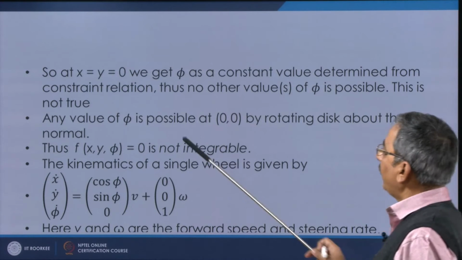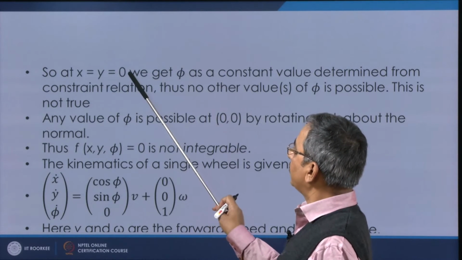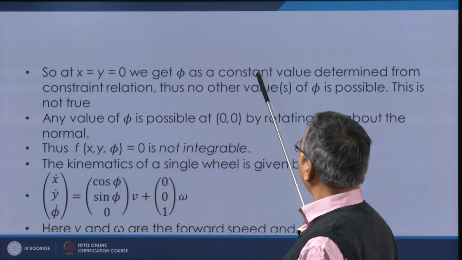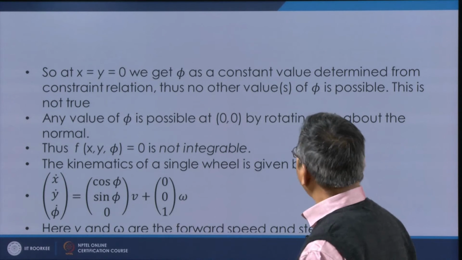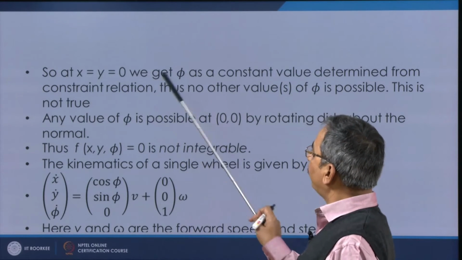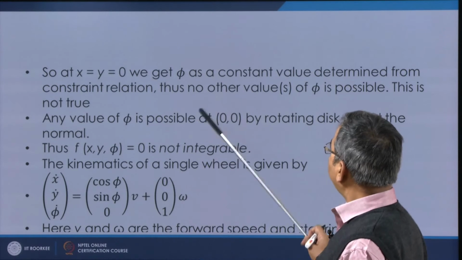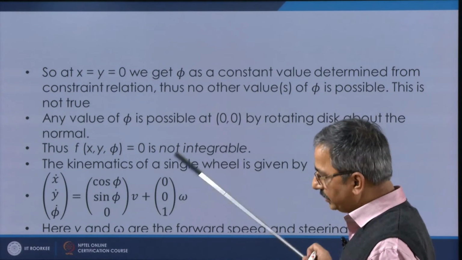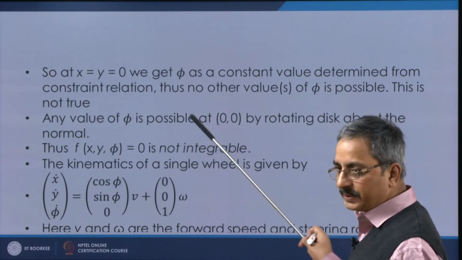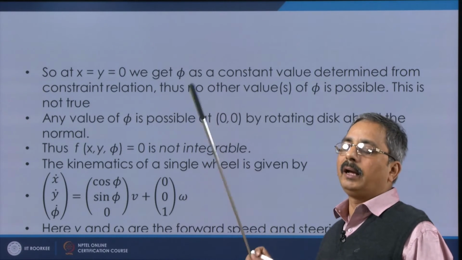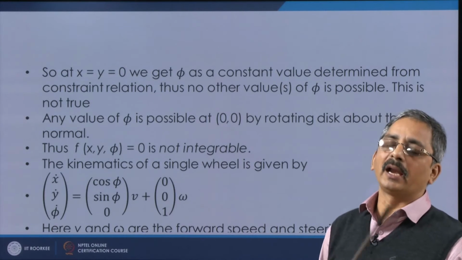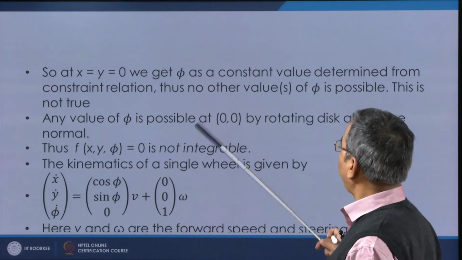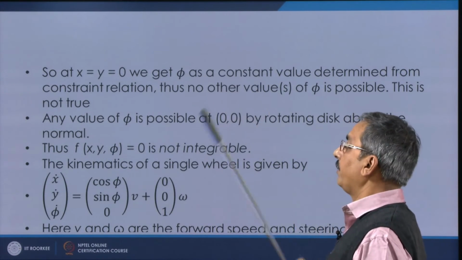Now, suppose I take x, y equal to 0, we get a phi value which is a constant, and of course which is determined from the constraint relation. Thus, no other values of phi are possible, and of course this is not true, because as we have seen in this example, the disk is steerable, that is, phi can change, it cannot remain constant.